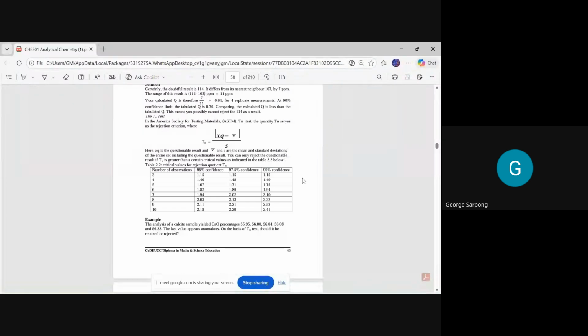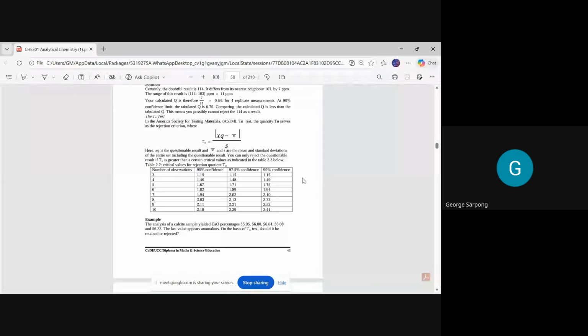You can only reject the questionable result if TN is greater than a certain critical value as indicated in Table 2.2 below. Table 2.2, critical values for rejection quotient TN.